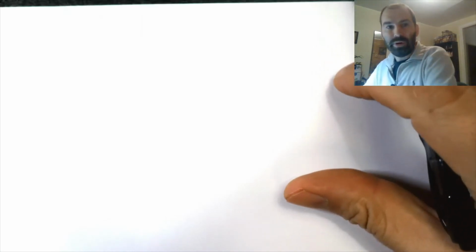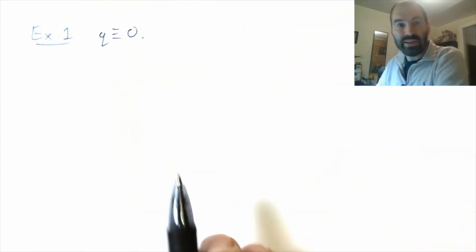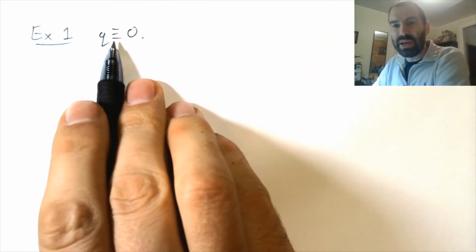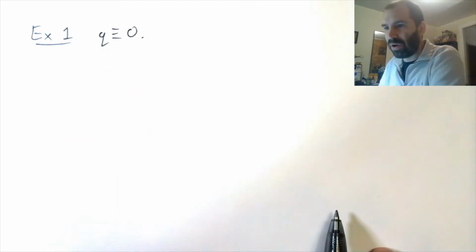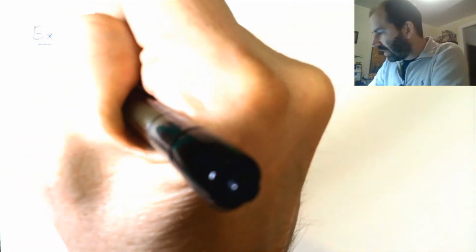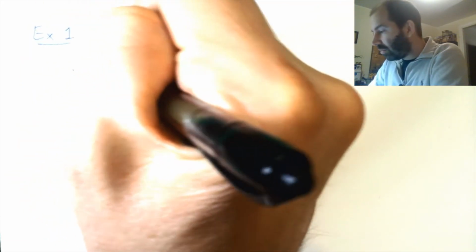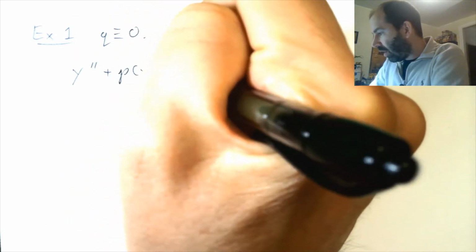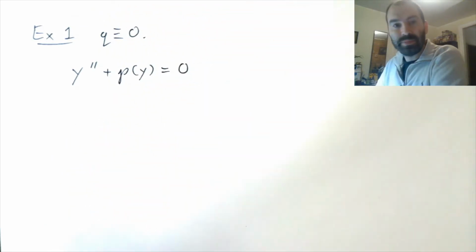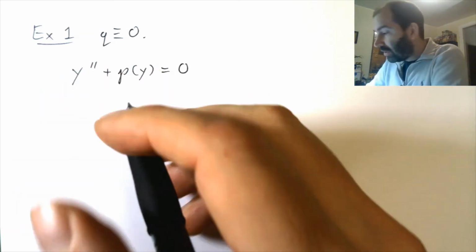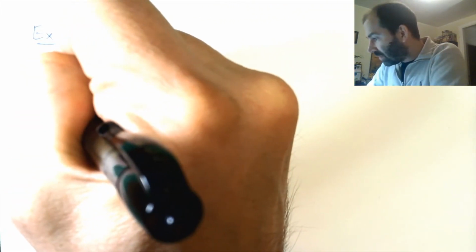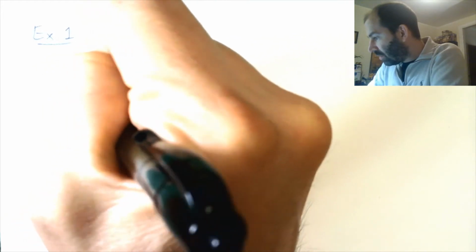That's example 1. Q is identically 0. Remember, we use 3 lines to mean it's 0 for all values. So we're just looking at the differential equation y double prime plus p of y equals 0. Let's go to the phase plane picture. So y double prime becomes v dv dy.